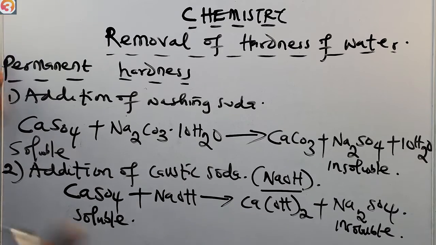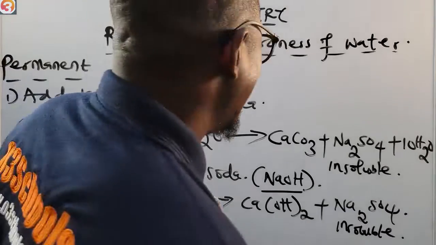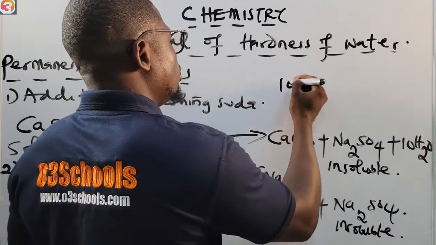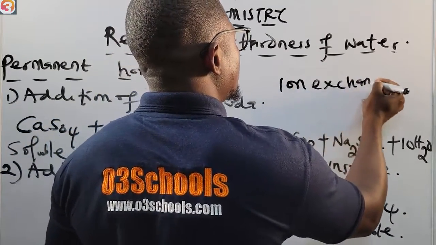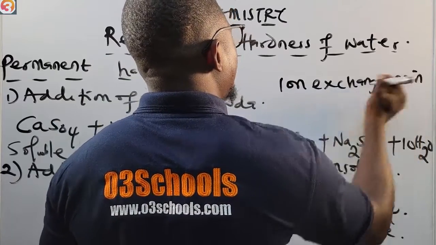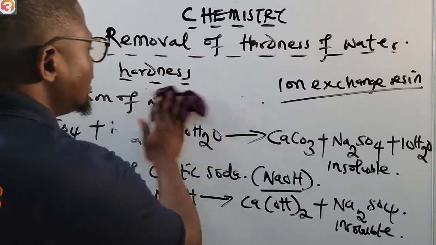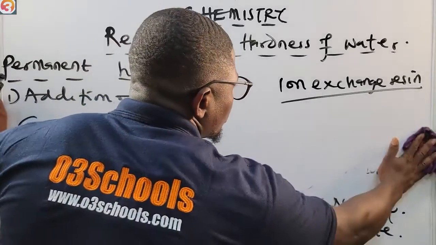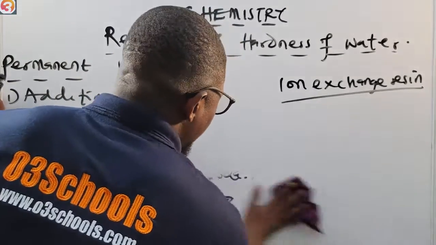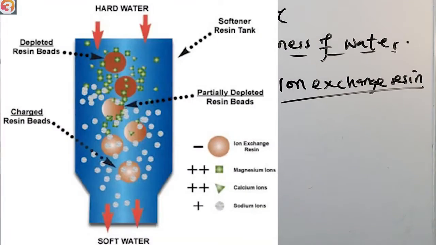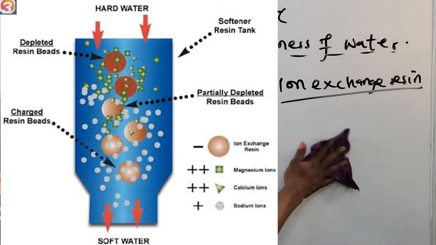The third method for removing permanent hardness of water is the use of ion exchange resin. I'm showing you a picture of an ion exchange resin. An ion exchange resin itself contains ions.